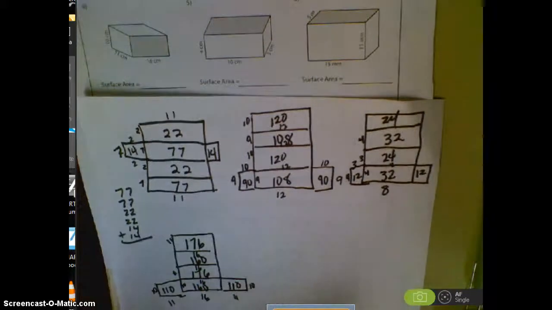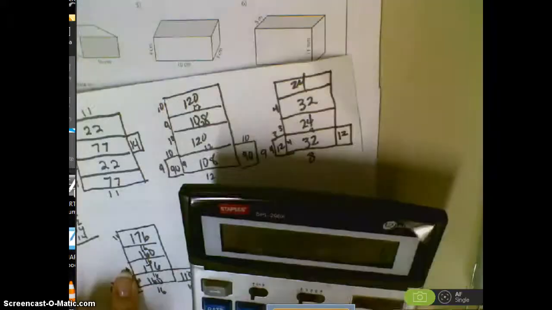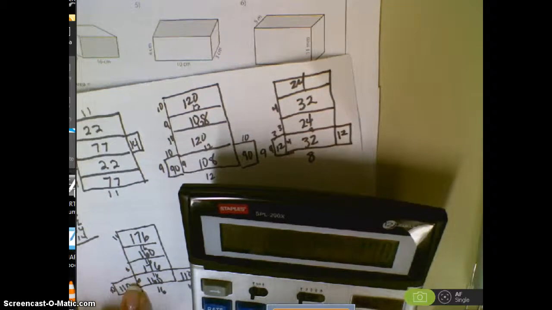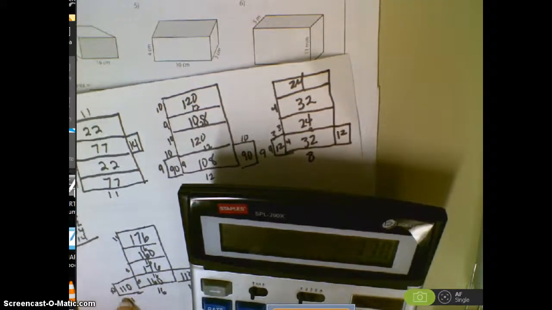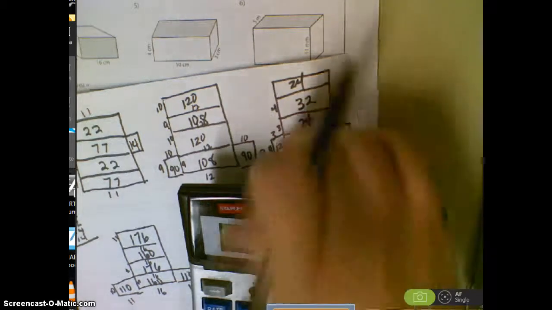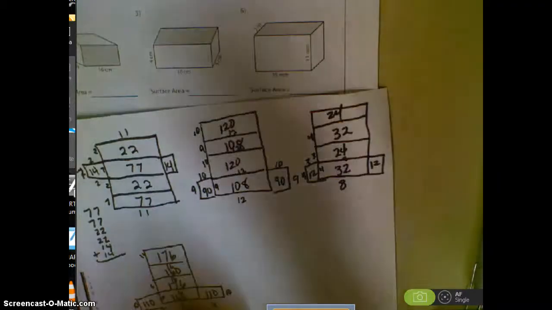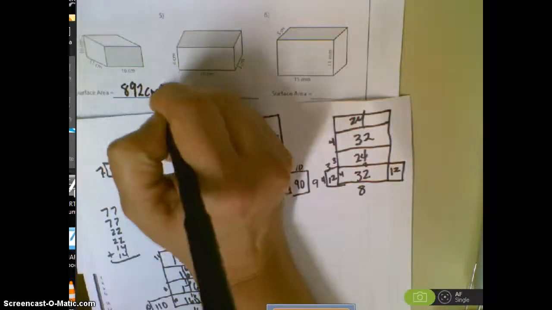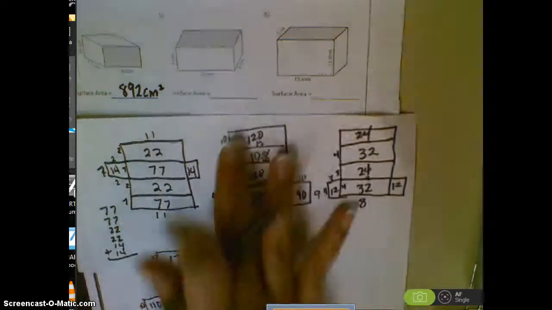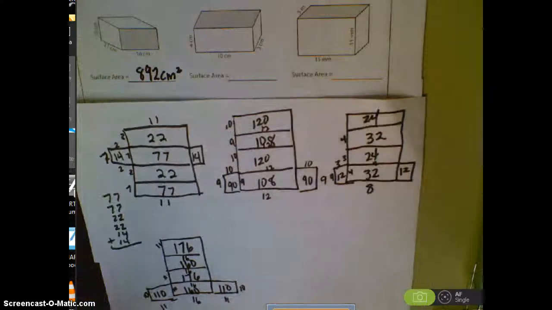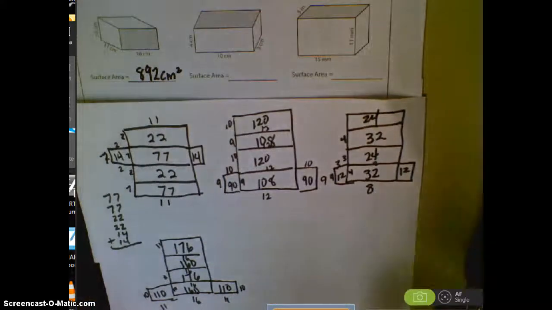And then let's add them up. 176 plus 176 plus 160 plus 160 plus 110 plus 110 is going to equal 892. Wow, it's a big number. 892, and these are centimeters squared. This was supposed to be the easy version today. I don't know. These are some big numbers to work with.